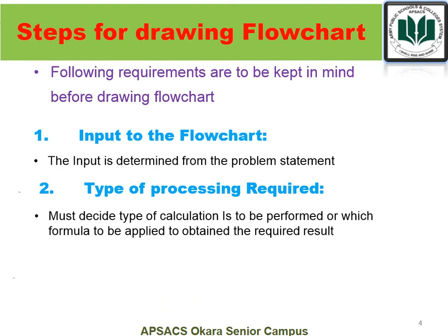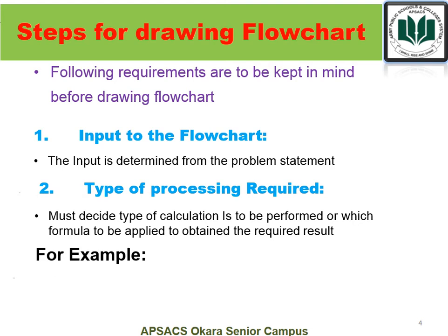You must decide what type of calculation is to be performed or which formula is to be applied to obtain the required result. You have to analyze the problem and determine the formula which you will need to obtain the required solution.